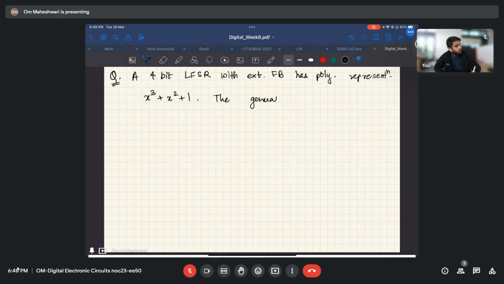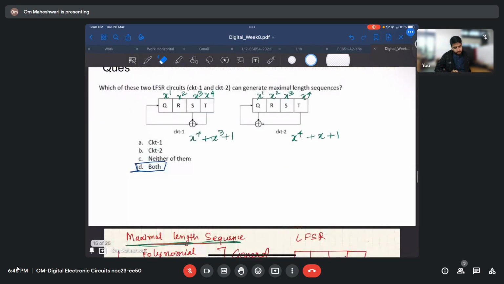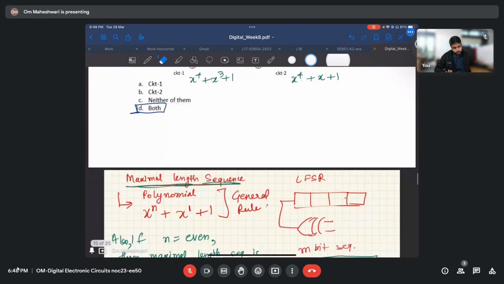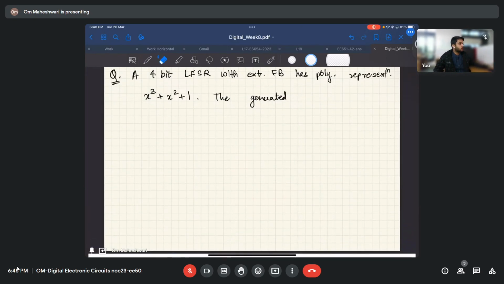The generated pseudo-random sequence has period.